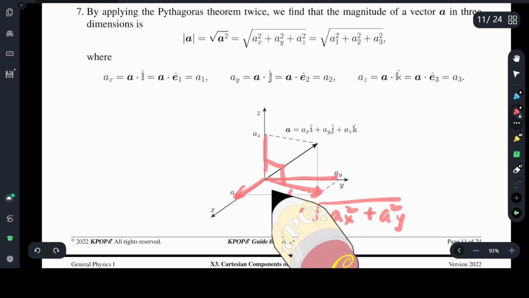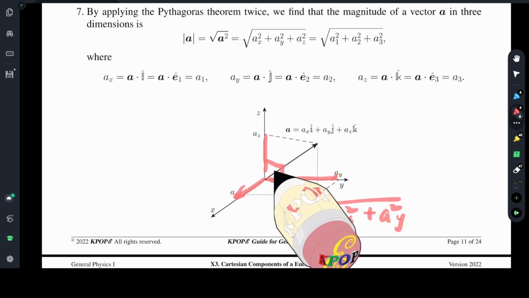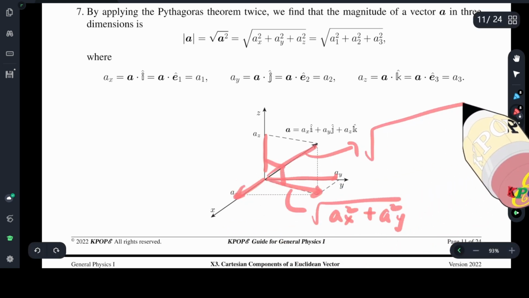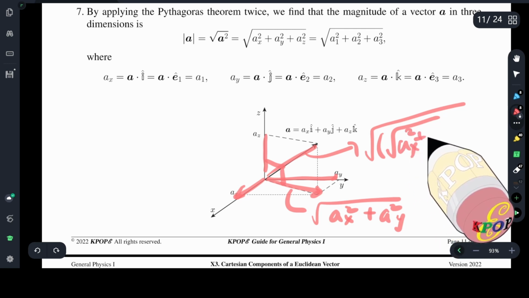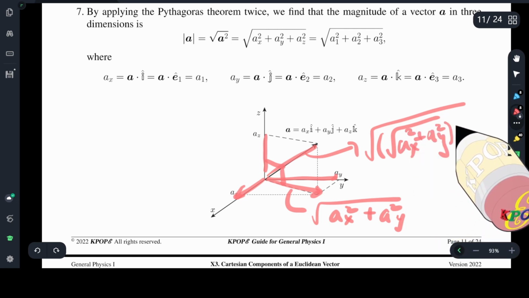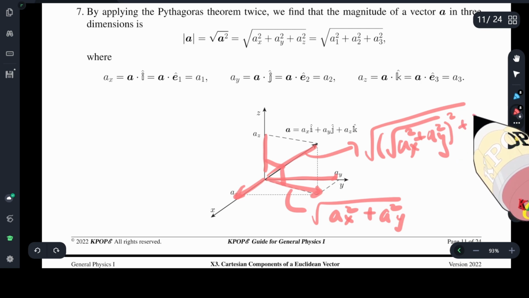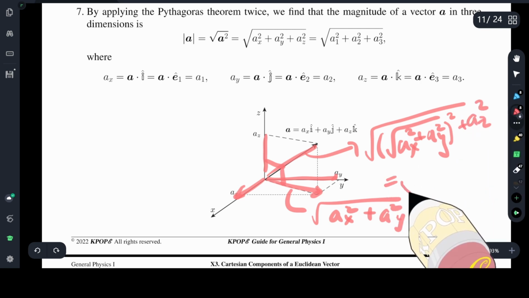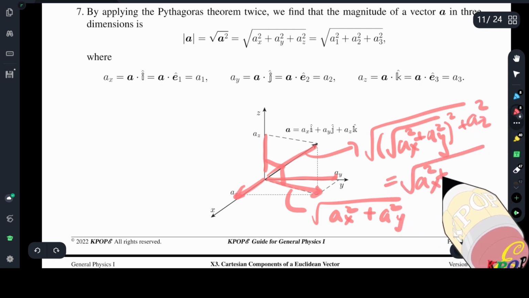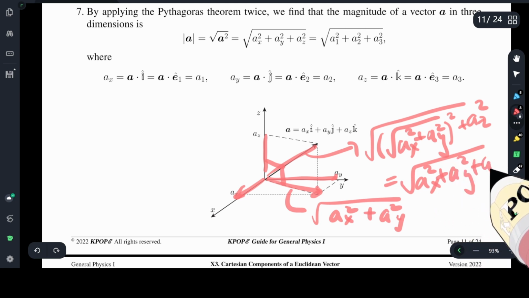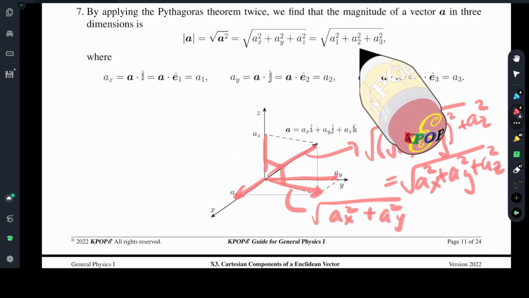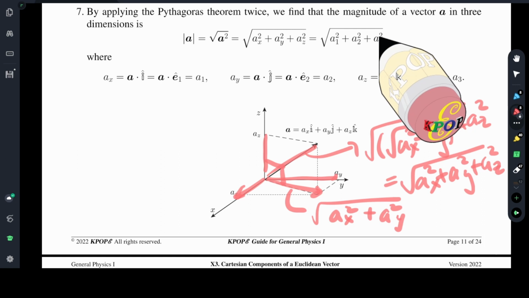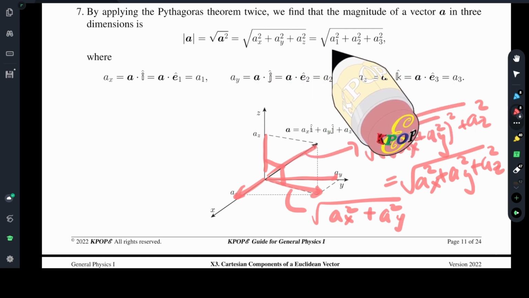This one is making a right angle, and finally we obtain the square root of ax squared plus ay squared plus az squared. So the magnitude of a vector in terms of the Cartesian coordinate system is quite compact.